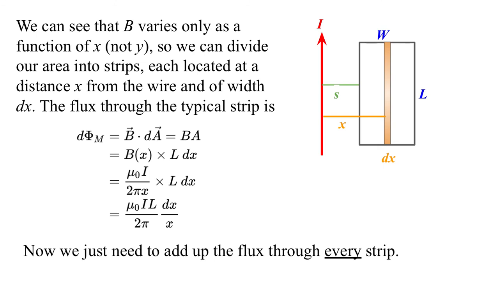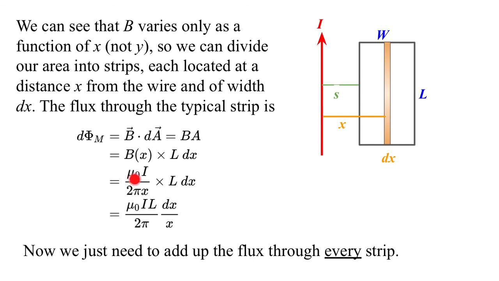So we get BA. Our infinitesimal flux element is B evaluated at point x times L dx, because that's the area of that little strip, an area which is dx wide and L long.